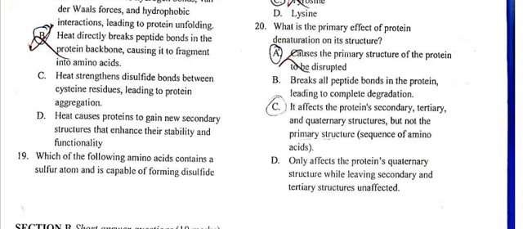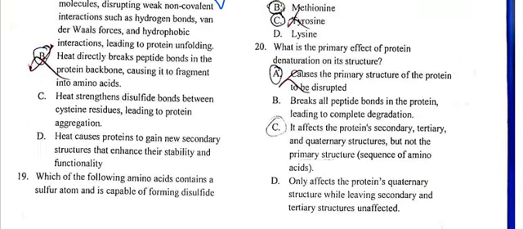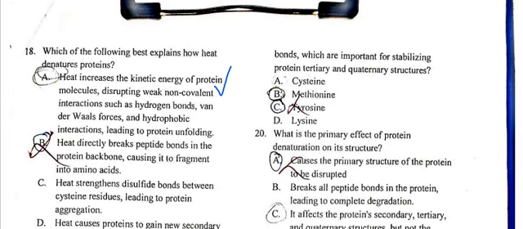Question 19, they're saying which of the following amino acids contains a sulfur atom and is capable of forming a disulfide bond? Here we've got cysteine, of course, we've got methionine, tyrosine, lysine. There's only one amino acid listed here which contains a sulfur atom. And these questions, you just have to answer them directly, and that is a cysteine.